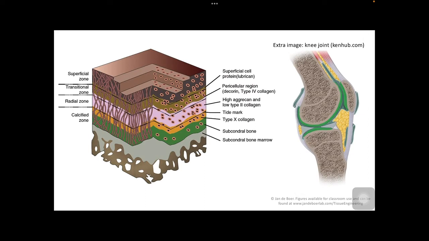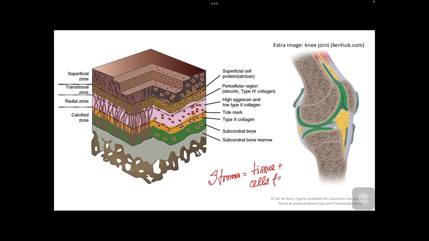Let's talk about the cartilage now. Specifically, cartilage is about 65 to 80% water, and the rest, which we call stroma, is basically tissue and cells. That's what we're looking at here.